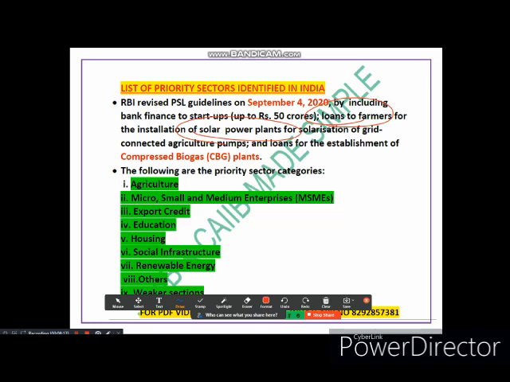Furthermore, the revised guidelines provide loans for establishment of CBG. You know what is CBG? It is compressed biogas plant.